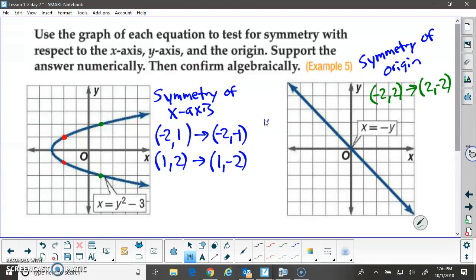And if we look at those two coordinate points, here's the -2, 2. Here is the +2, -2. And a second pair of points, let's take -3, +3. It should also contain the coordinate point 3, -3. And here are those 2 points. So that supports it numerically.